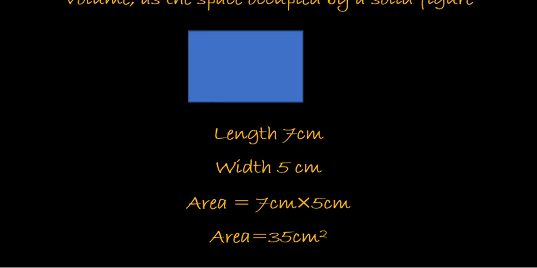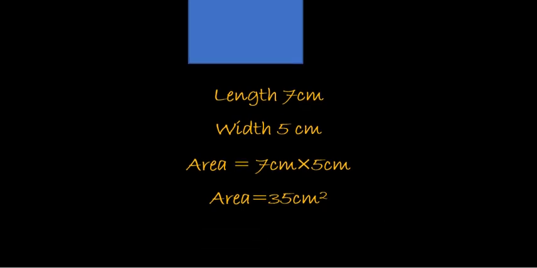Note that because we are dealing with a plane figure, and two units are involved in the multiplication, our product has a power of 2, because we have centimeters twice, one in the length and one in the width, multiplying each other.